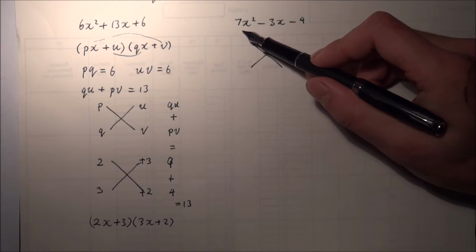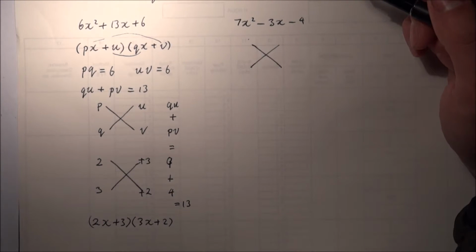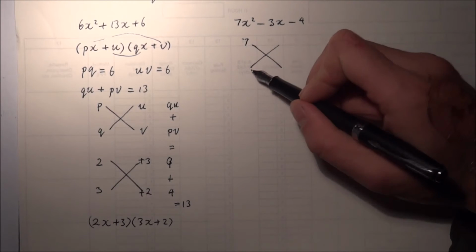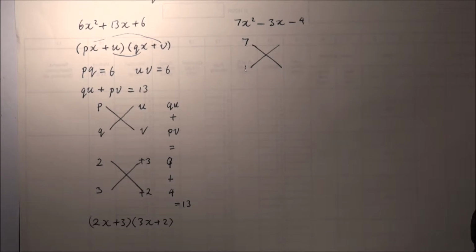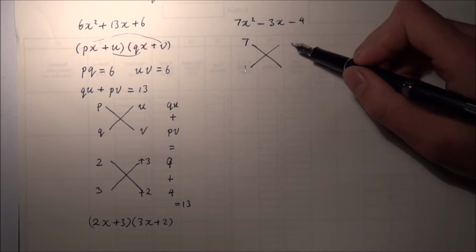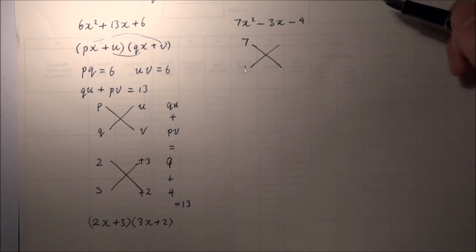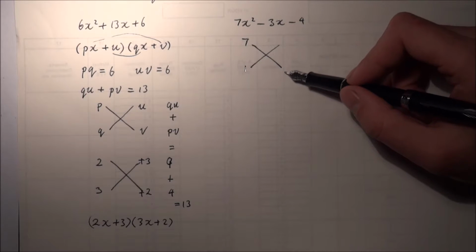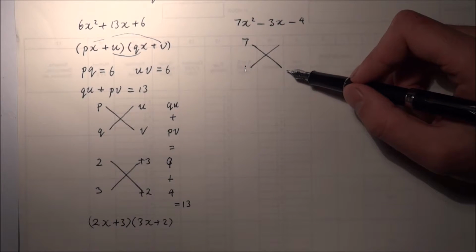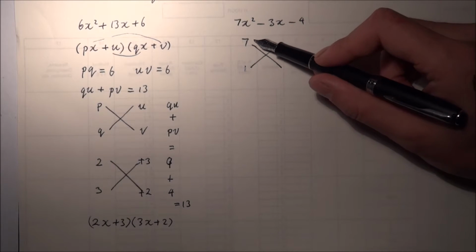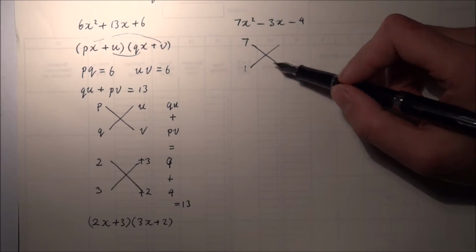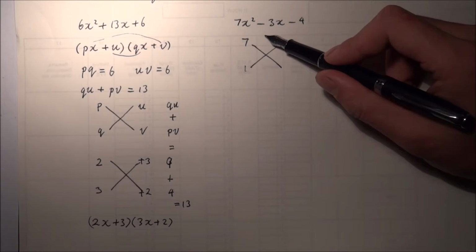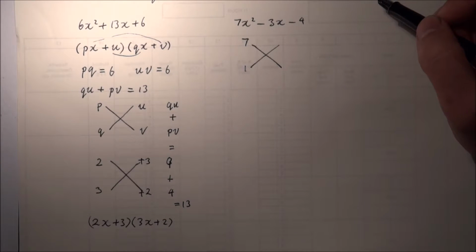Fortunately, 7 is a prime number, so there can only be two factors, 7 and 1. Now, these two numbers have to multiply to negative 4. So these two are factors of negative 4. And 7 times this number plus 1 times this number has to be negative 3.